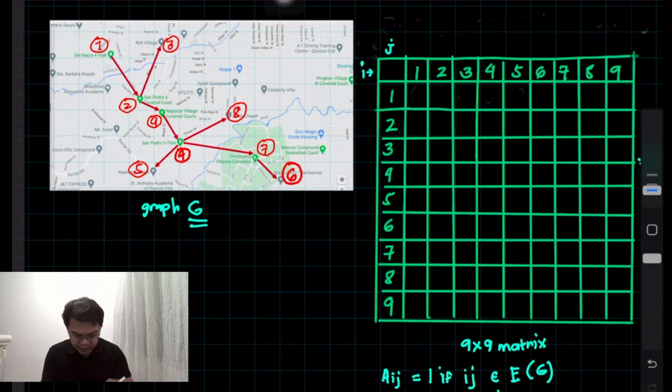An entry from the adjacency matrix of the ith row and jth column will be equal to 1 if (i, j) is an element of the edge set of the graph it's representing. In this case, I just call it graph G. You can call it by any other name, as long as it's the graph that the adjacency matrix is representing.